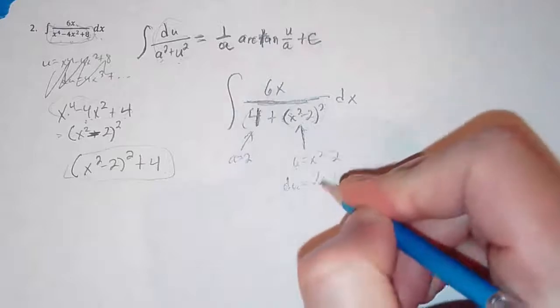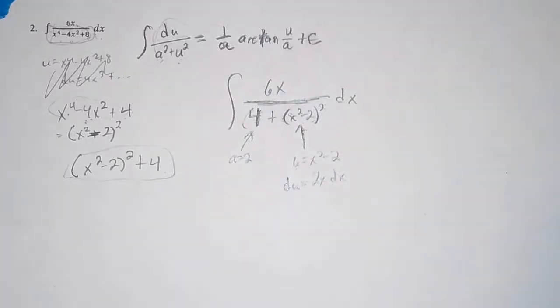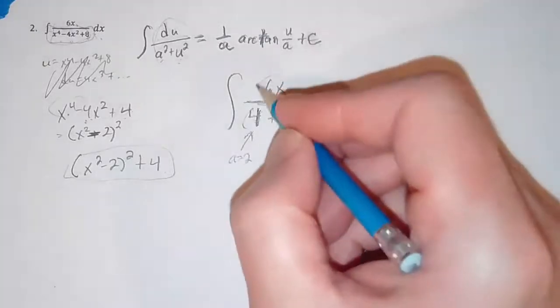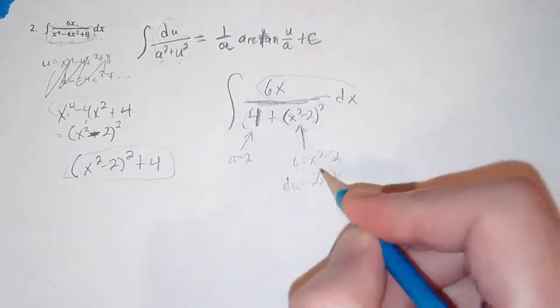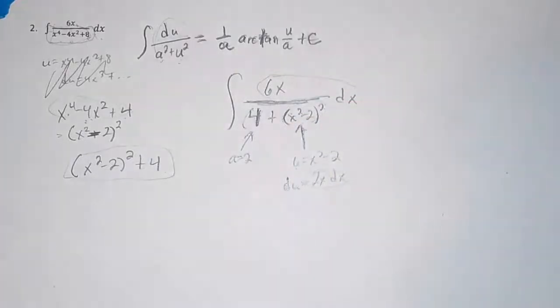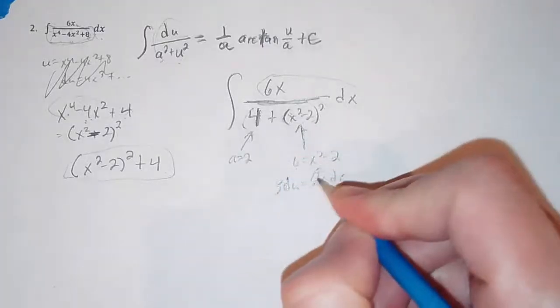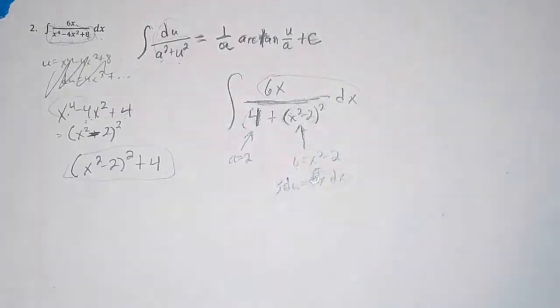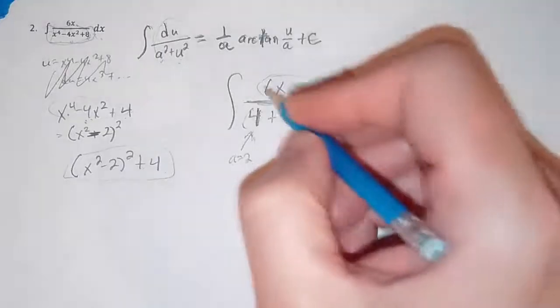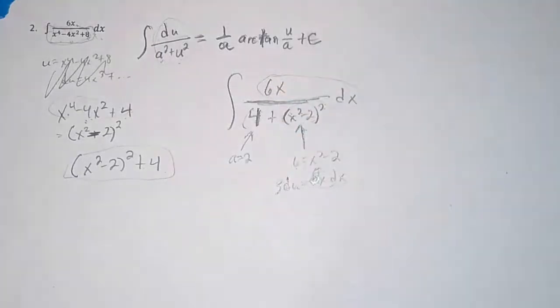That's going to be 2x dx, which comes super duper close to knocking out the rest of the integral. I would just need to stick a 3 here, and then I can make this times 3 as well. And now my 6x dx will knock out the leftover stuff perfectly.